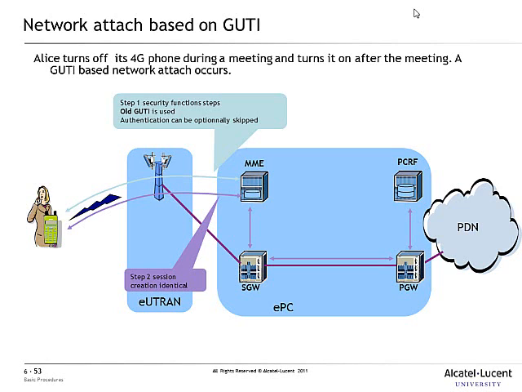Whereas in the case of network attach based on GUTI, that information is already known, so the eNodeB can send the request off to the appropriate MME, because it can extract the MME address from the GUTI information.